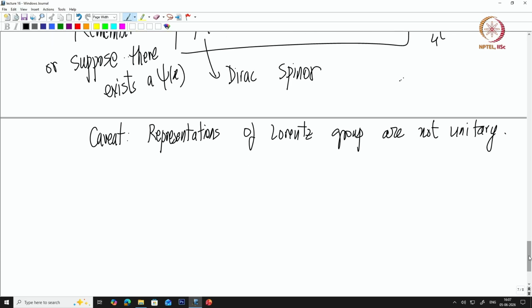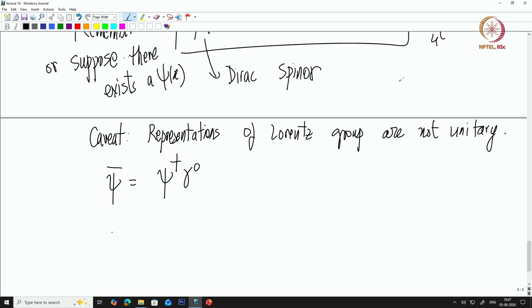Now we can look at the action under Lorentz transformations, and you will see there is psi bar, which is psi dagger gamma 0.